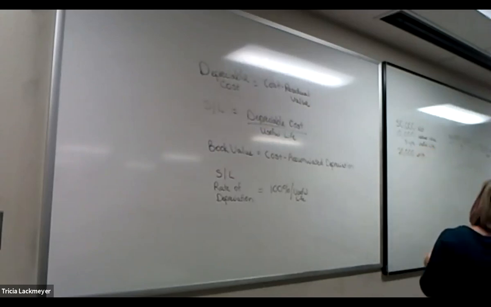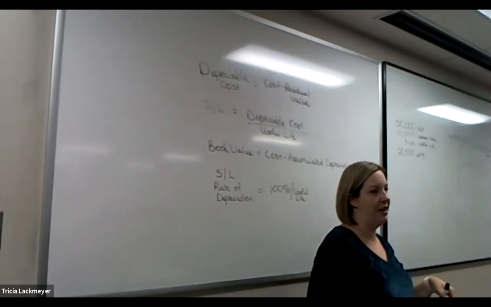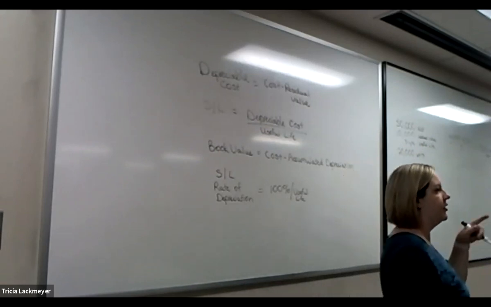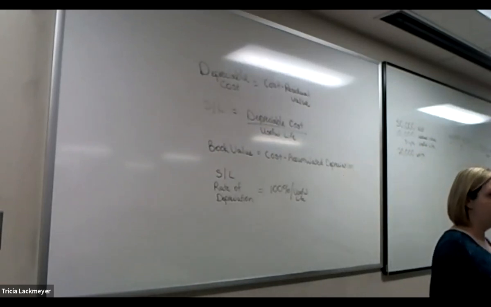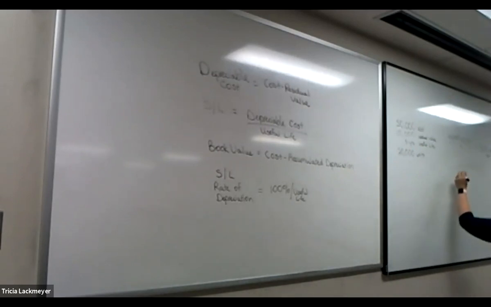Okay. 5 years or 20,000 units. So units of output method, remember you have to calculate the depreciation per unit first. Okay. So your formula starts the same, right? You take your depreciable cost, 50,000 minus 10,000. Only under units of output, what am I dividing by? 20,000, my total activity.